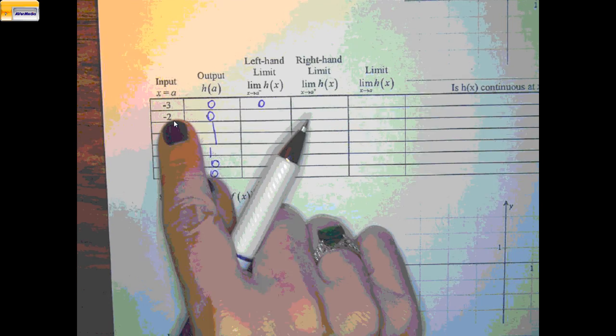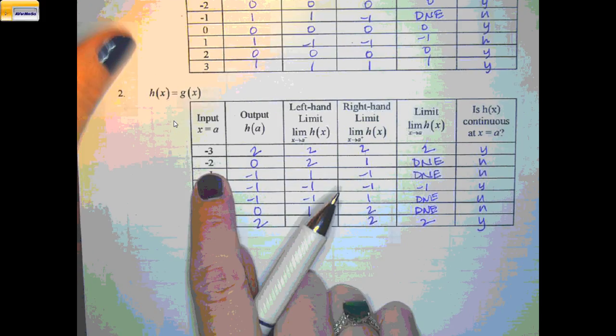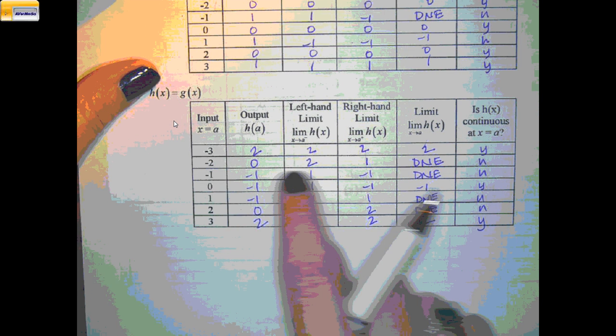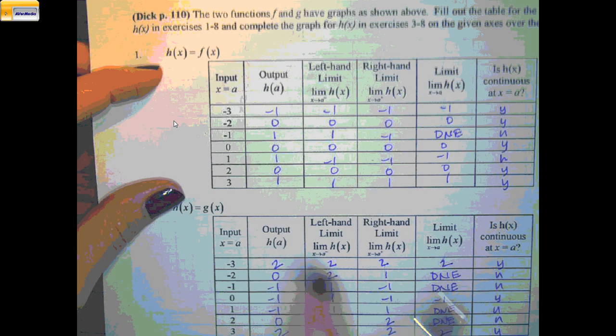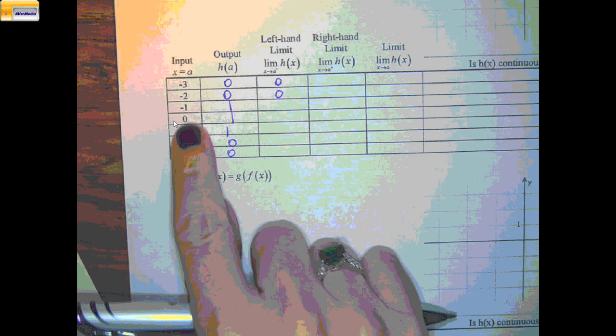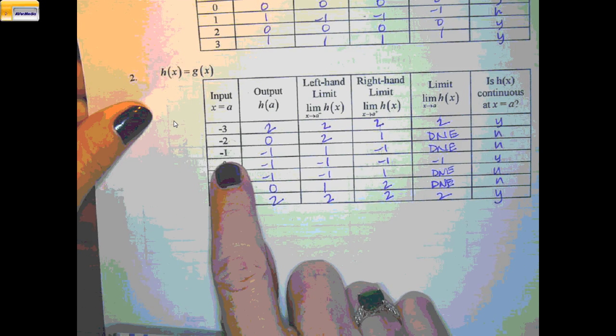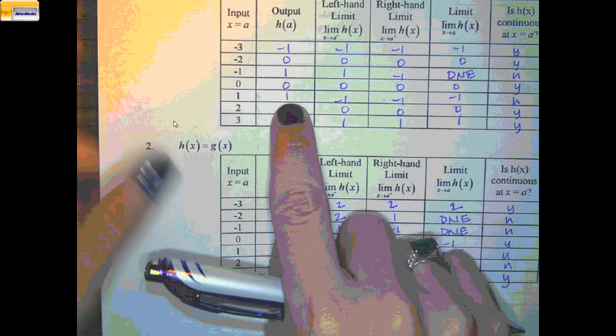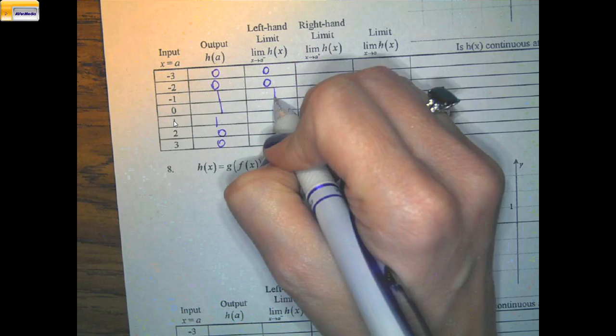So let's do the next one. -2. Put in -2 into g of x. The left-handed limit output is 2. Put 2 into f of x. The output is 0. I'll do one more out loud. -1. Put -1 into g of x. The left-handed limit output is 1. Put 1 into f of x. The output is +1. You finish it.